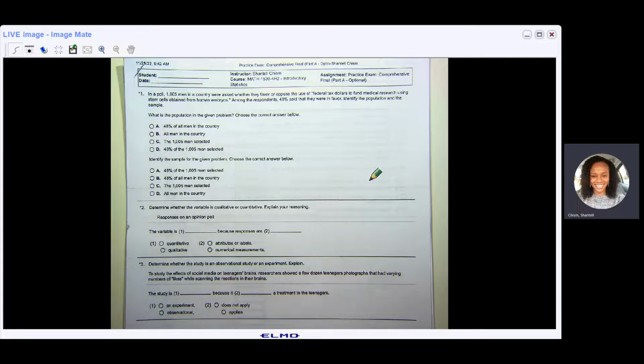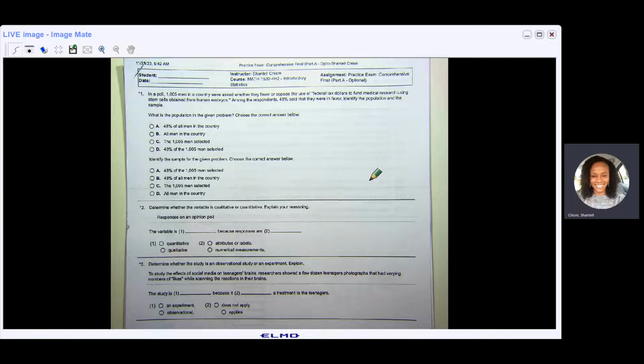Okay, so in the beginning, it says in a poll, 1,005 men in a country were asked. The number of men that they actually surveyed in this poll, that's your sample. The 1,000 men is how many they actually polled for this question. Now, where they pulled those men from is your population.